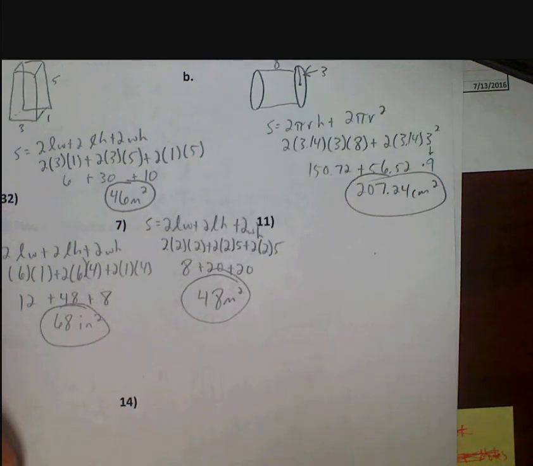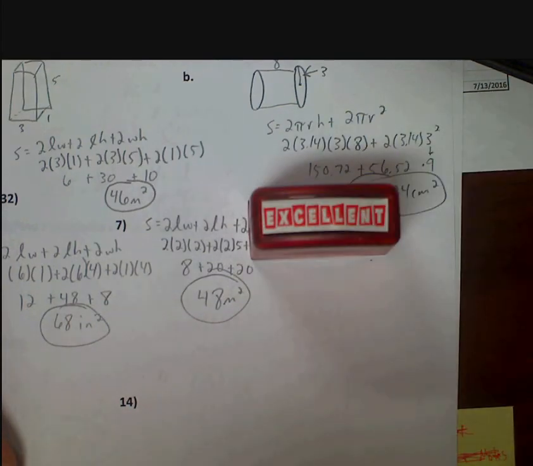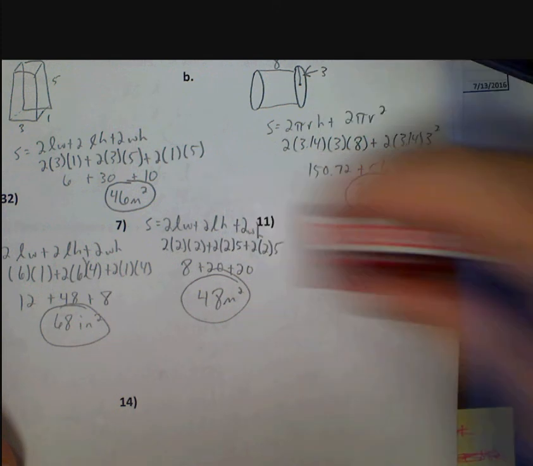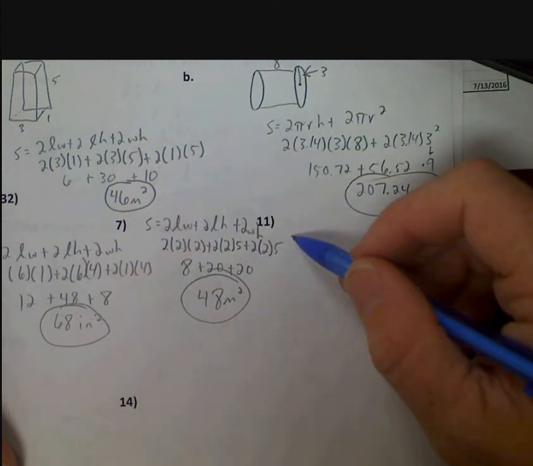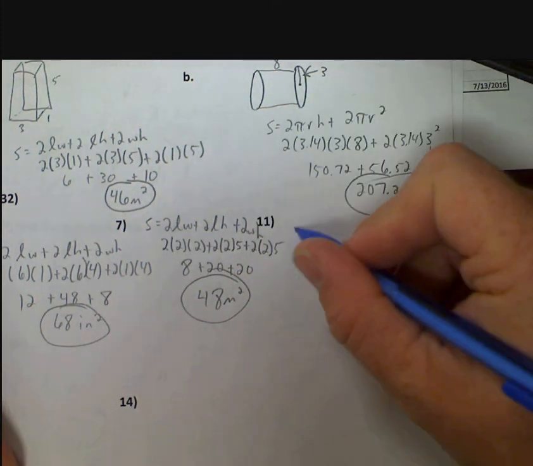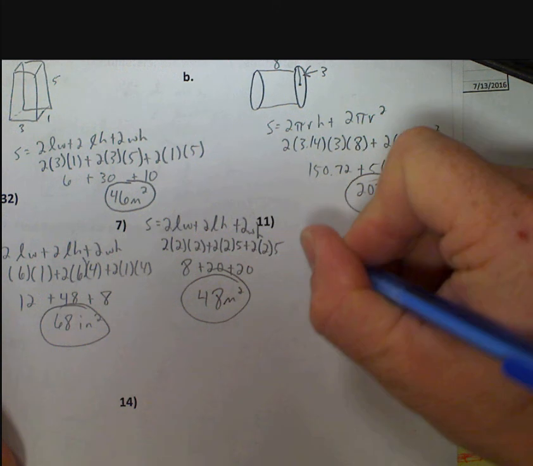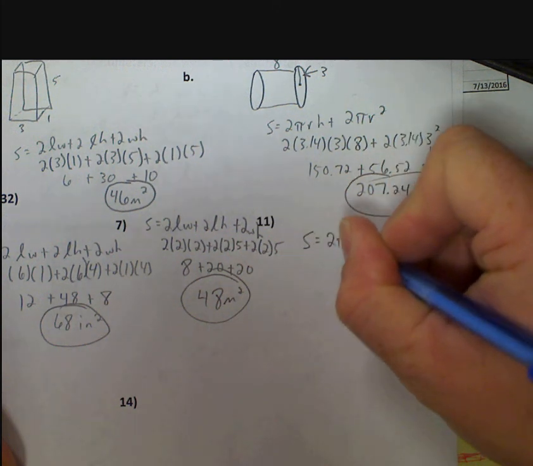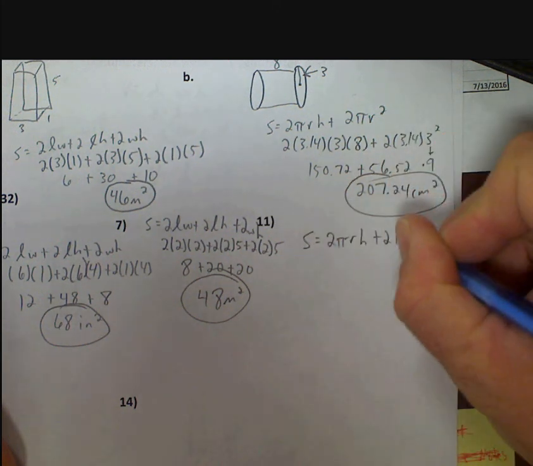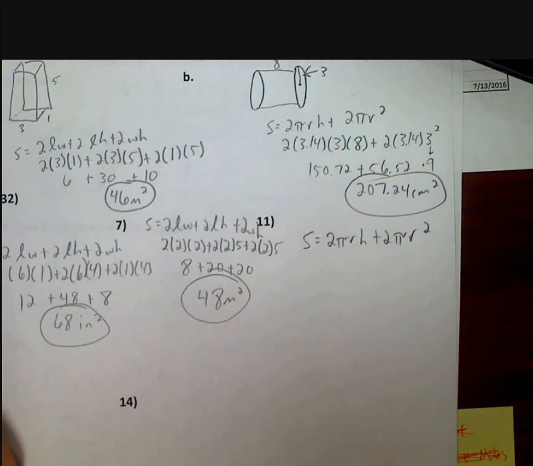Go ahead and try number 11. Pause the video and try. Number 11 is a cylinder. So my formula for cylinder is 2 pi RH plus 2 pi R squared.